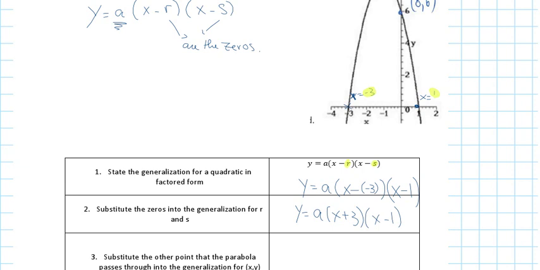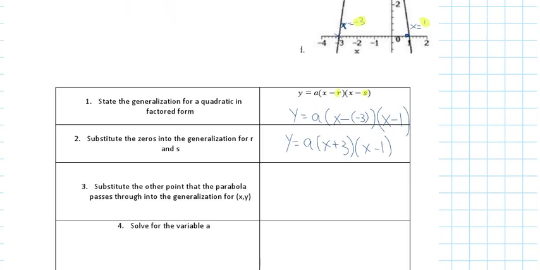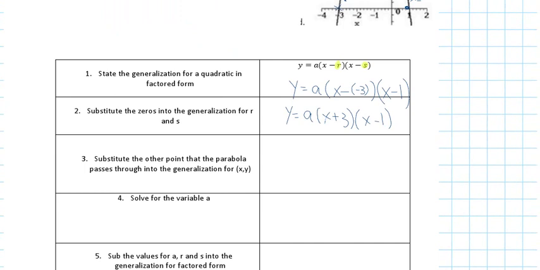Can you tell me? Negative 3 and positive 1. Remember, we talked about that when we're setting it equal to 0, right? Bring the 3 over, it becomes a negative 3, right? Yeah?